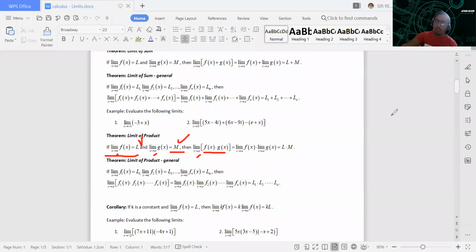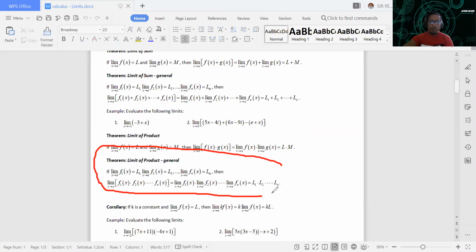The same as with addition, you just multiply their specific limits. The same goes for the general limit of a product: it can be extended into more functions, and if you multiply all of them, you just multiply their specific limits.